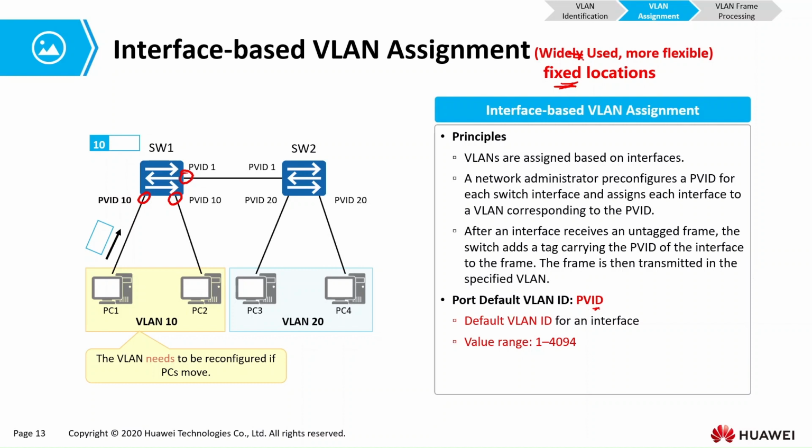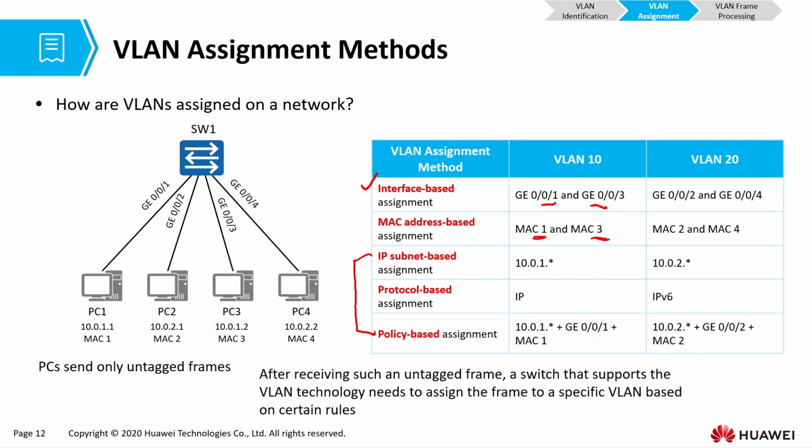This is a bit more complex compared to the interface-based assignment. But these are the only two scenarios covered under HCIA, because if you want to apply IP subnet, protocol-based and policy-based assignment, you need to study more about the IP protocol and also the policy, especially when handling security.